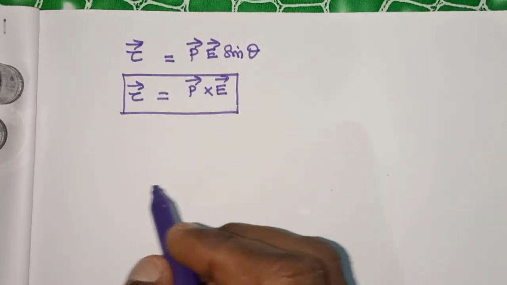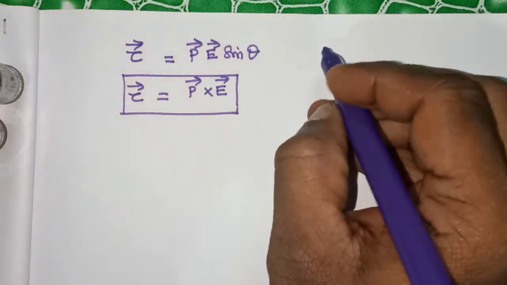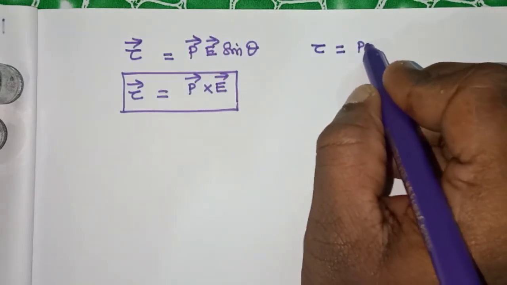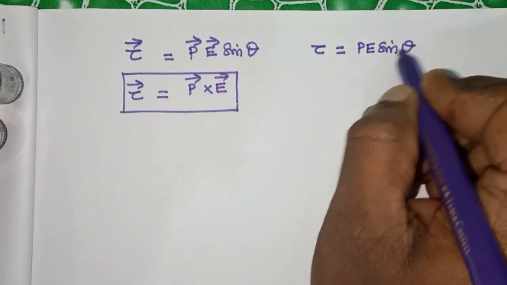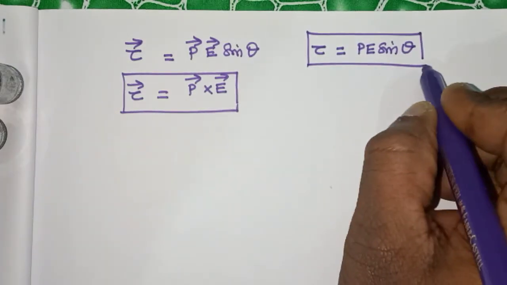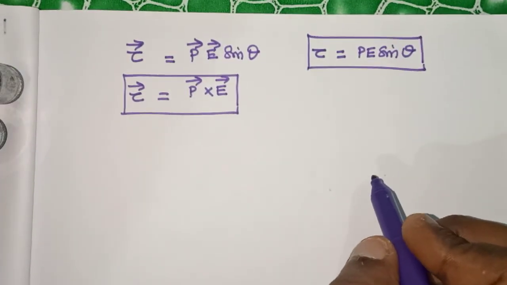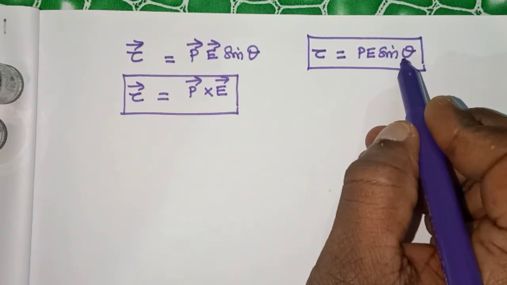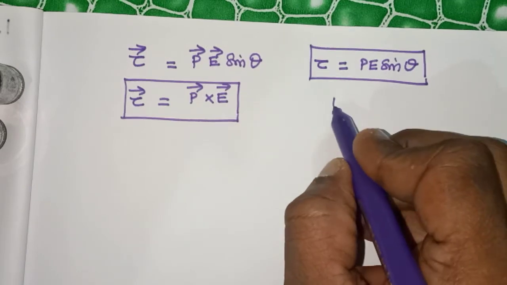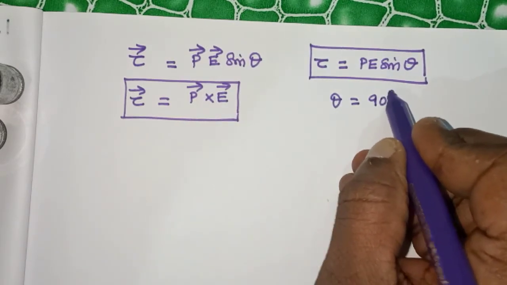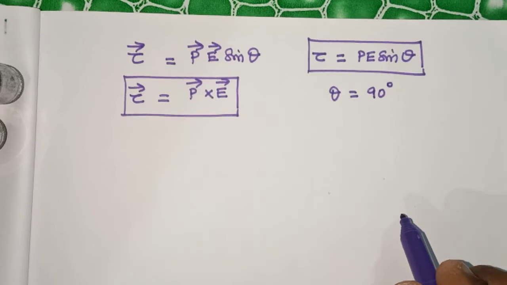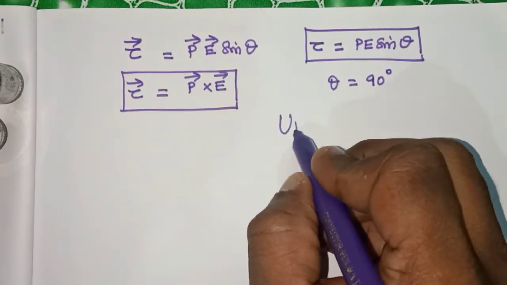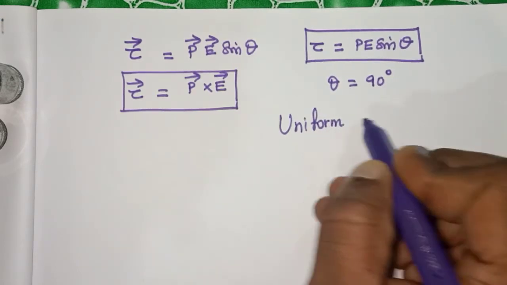The magnitude of torque is tau equal to PE sin theta, and it is maximum when theta equals 90 degrees. It is applicable only in a uniform electric field. This is very important.